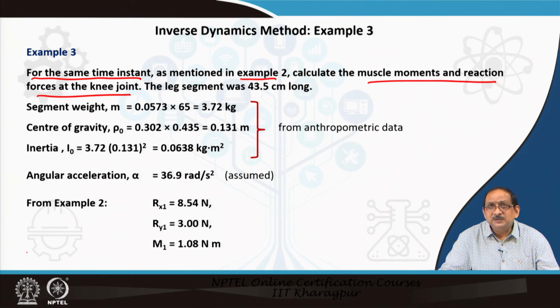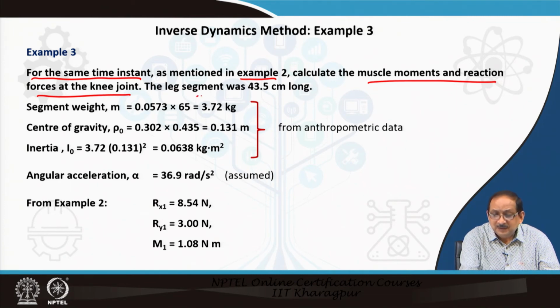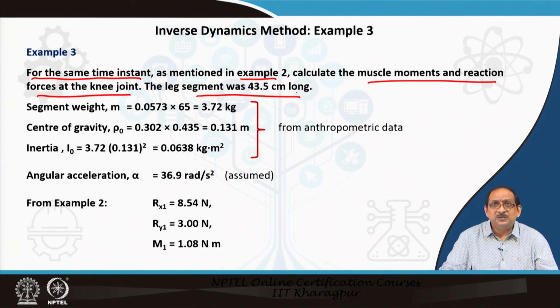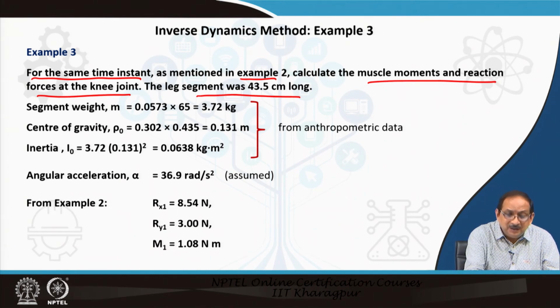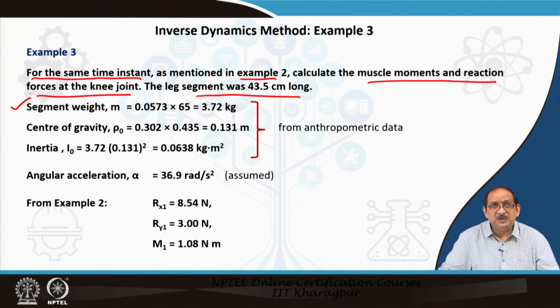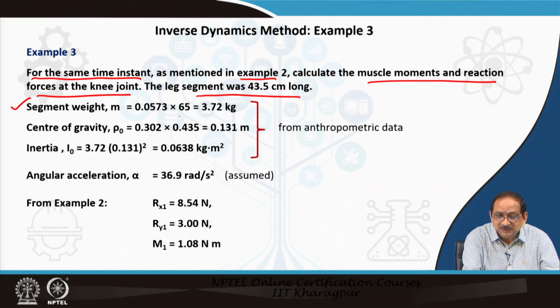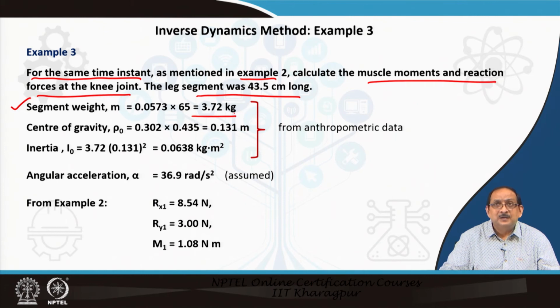The leg segment is given as 43.5 centimeter long. Again, based on the anthropometric data, the limb segment weight can be calculated in relation to the body weight of 65 kg. It comes out to be 3.72 kg.